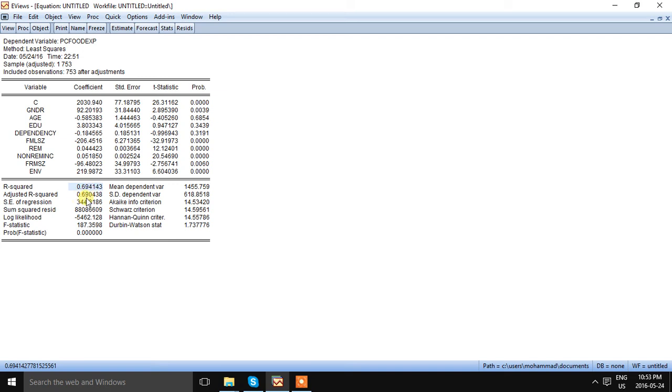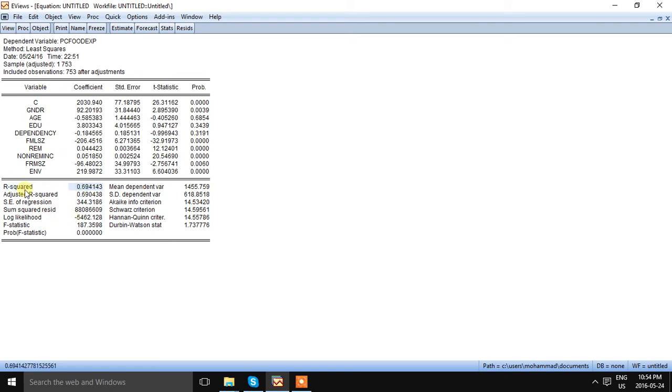I will also touch some of the issues. As I have just mentioned, the higher the R squared value, the better the model fits with the data. So here we can see the R squared value is 0.69. It's pretty good. So the model fits with the data very well.